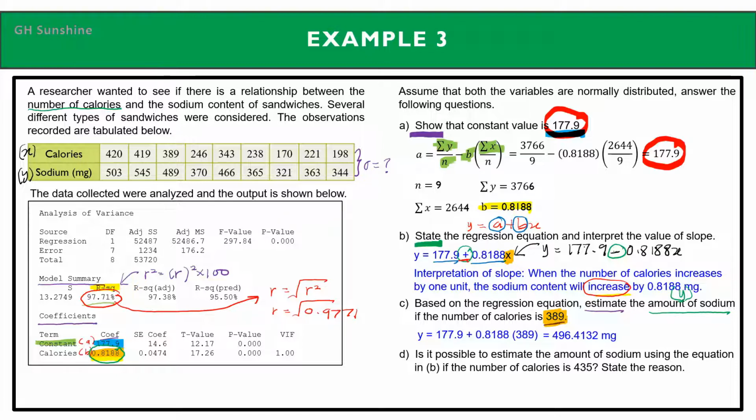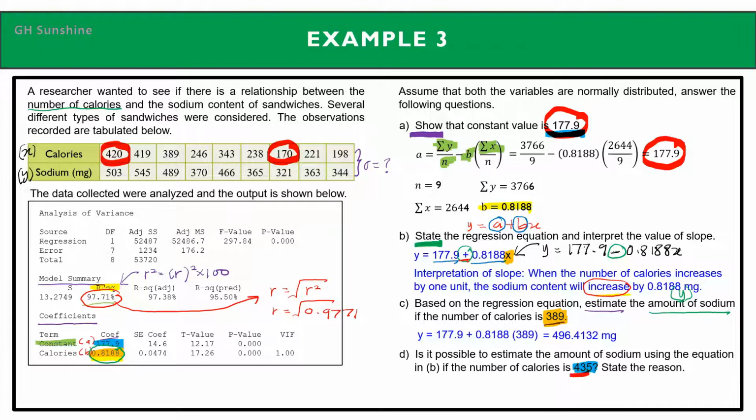Question D. Is it possible to estimate the amount of sodium using the equation in B if the number of calories is 435? So is it possible or not? Based on the actual data, what is the minimum value of independent variable? Minimum value 170. Meanwhile, maximum value 420.